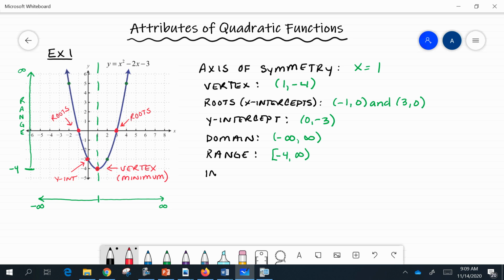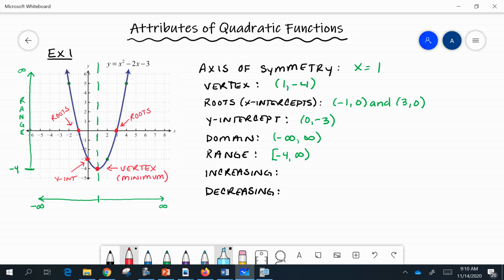Next is the intervals of increasing and decreasing. We talked about this before, that a parabola is going to go down on one half, and it is going to go up on the next half. Put your pencil on the part of the parabola where it is decreasing.